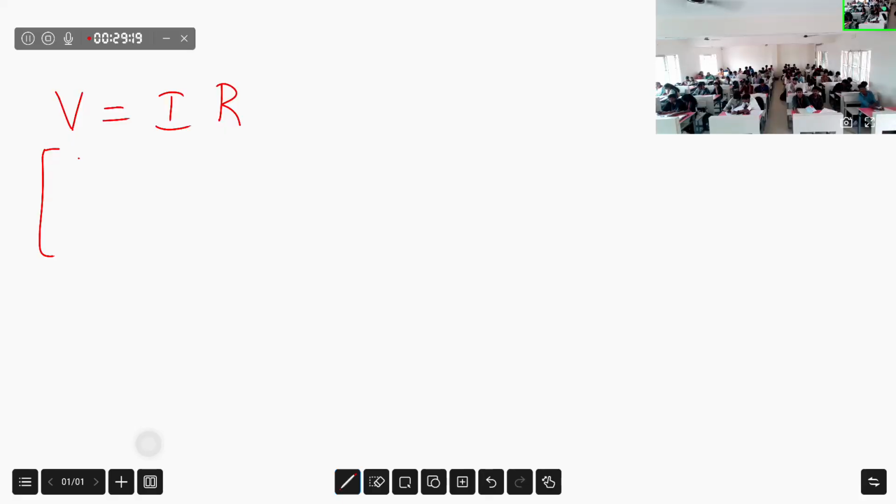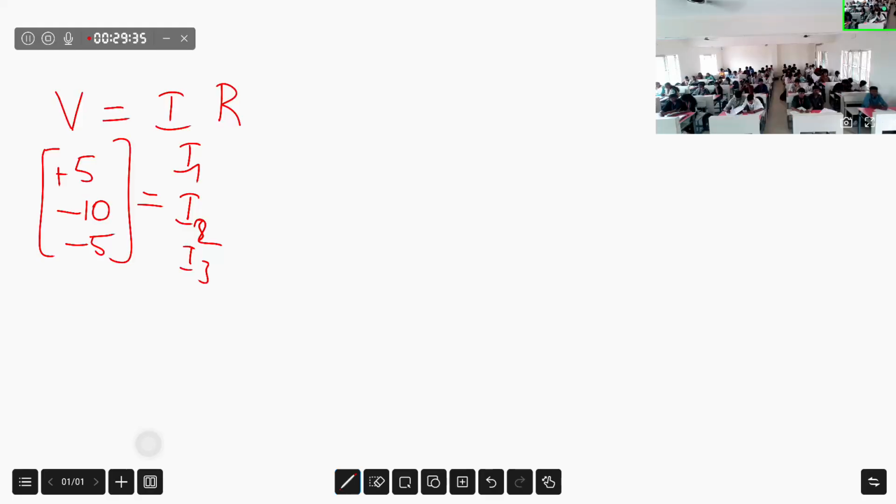So tell me the R matrix values. 18 first, write the matrix: 18, minus 5, minus 3; here minus 5, 8, minus 1; minus 3, minus 1, 4. So listen, how will you do cross multiplication in a matrix? Form just one equation.